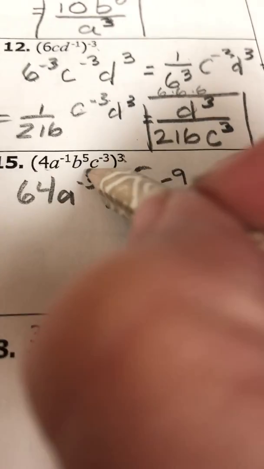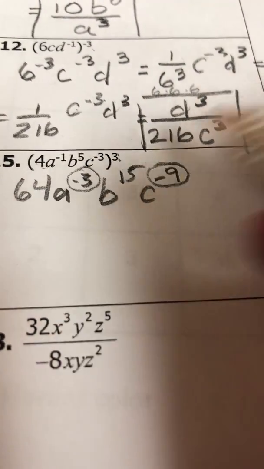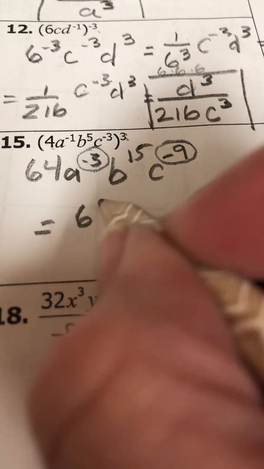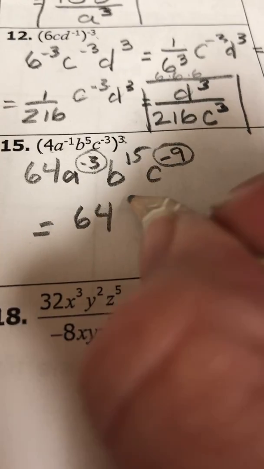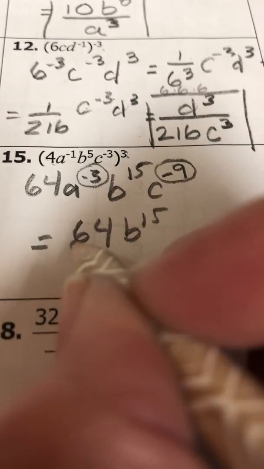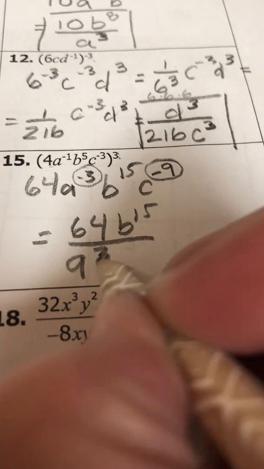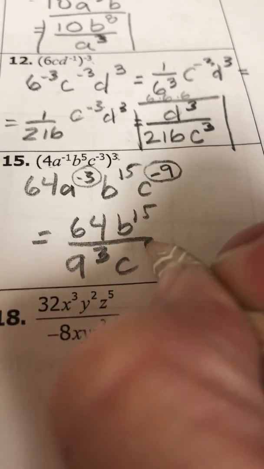Okay, so I'm going to go ahead and circle some of those negative exponents to bring my attention to them. What's going to end up on top? We have 64, and we have b to the 15th. And then we're going to do a little Shazam, a little bring down here. a to the 3rd, and c to the 9th down here.